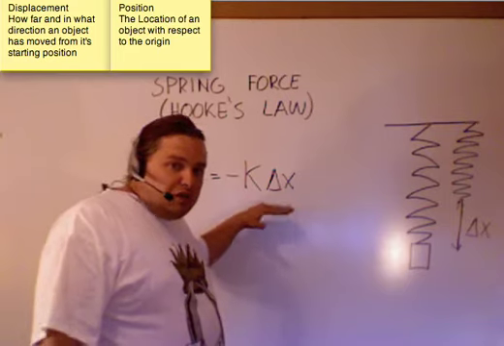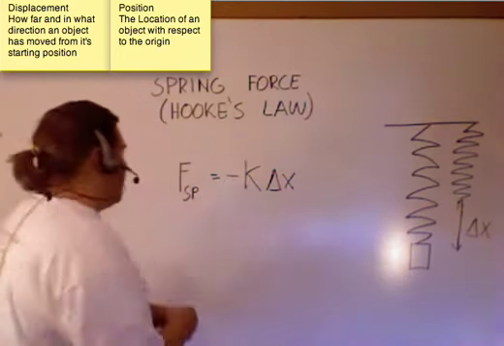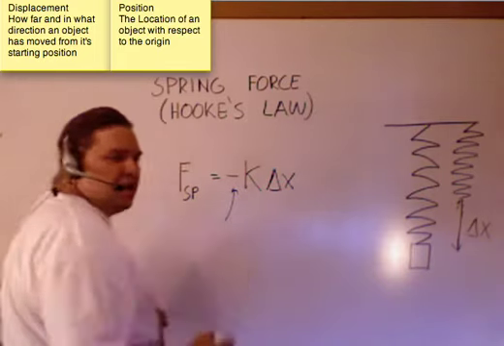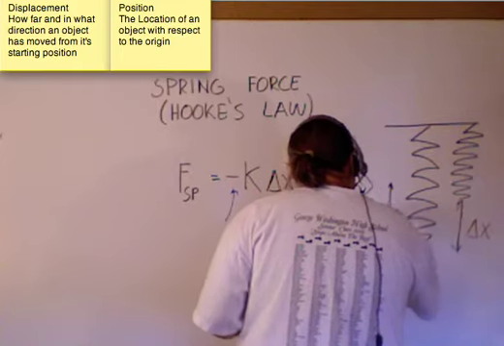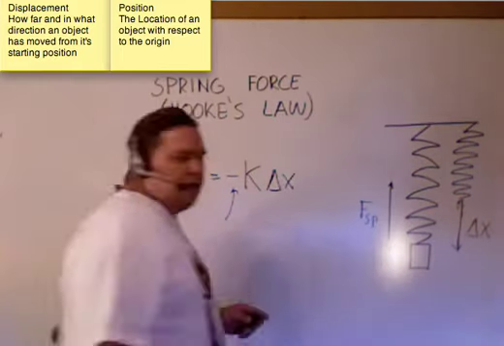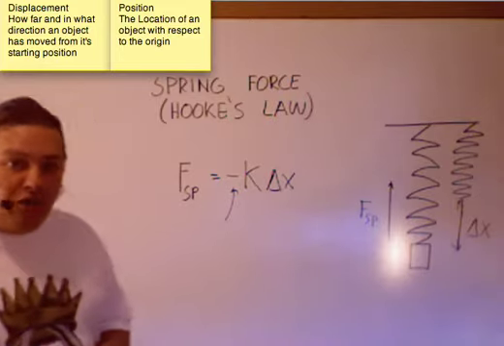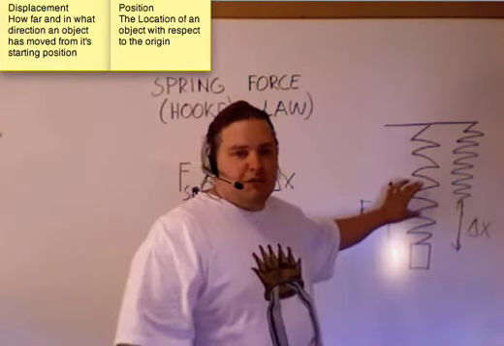The really cool thing is that if I stretch it this way, there's a negative sign in front of here that's saying if I stretch it down, the force I experience is in the opposite direction. The spring force is also referred to as a restoring force. It's trying to restore that object to its original position.